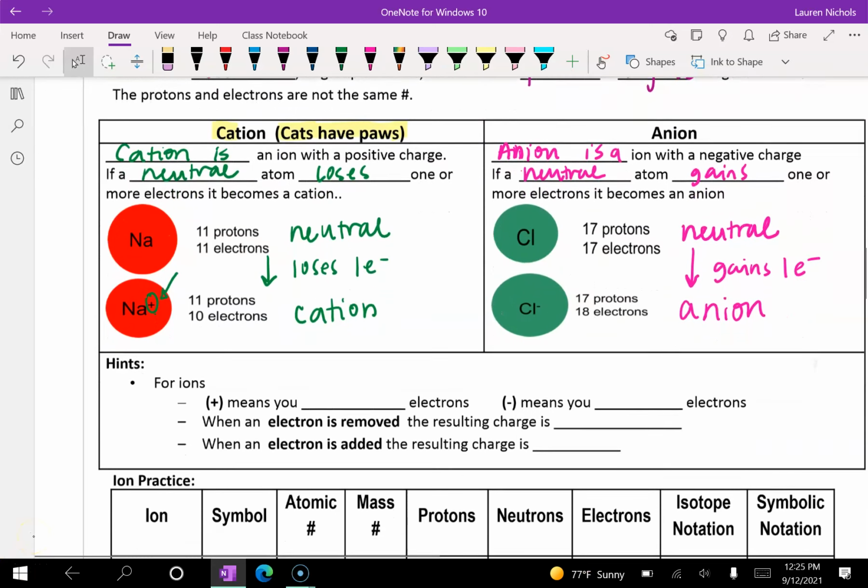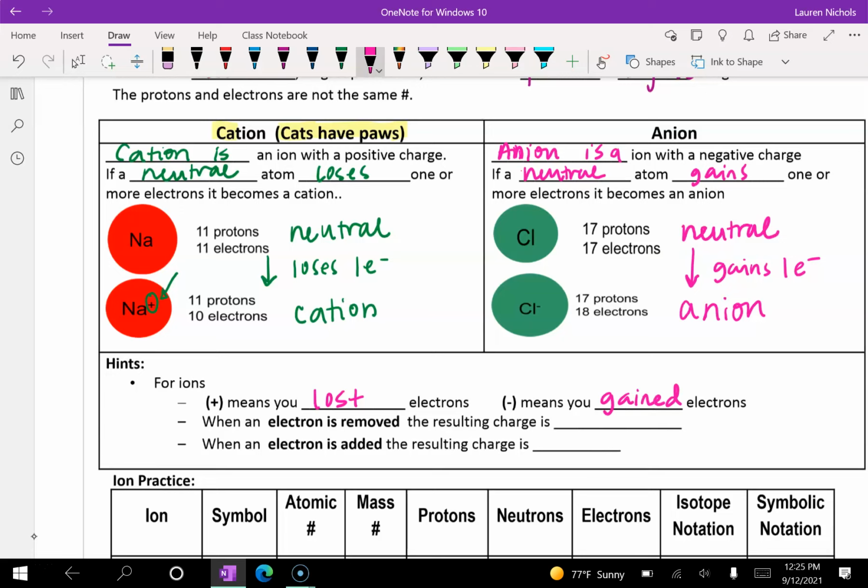So for some hints to remember, whenever you see a positive charge, that means you lost electrons. Think about if you get rid of all the negativity or all the negative people in your life, what you're left with is a positive experience. Just like these atoms, when they get rid of those negative electrons, they remain positive. If you have a negative charge, that means you gained electrons.